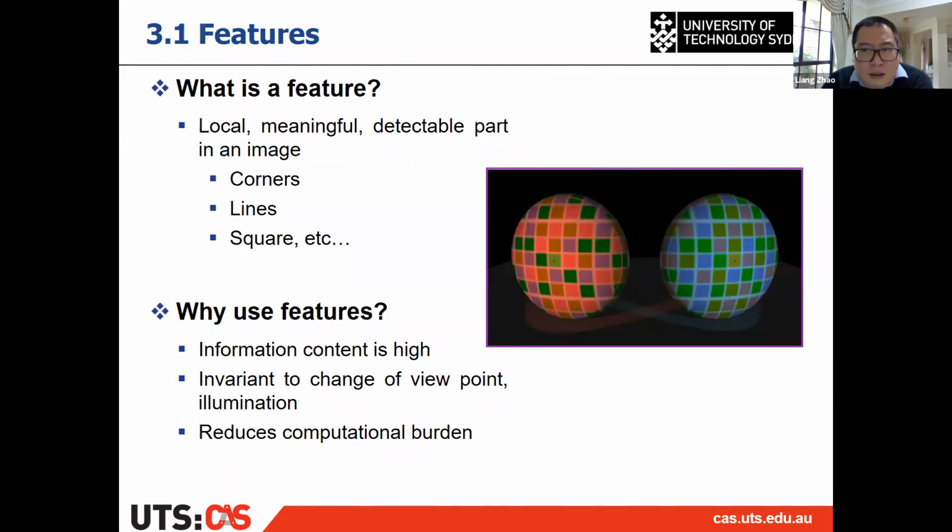For example, if you are doing the camera calibration and imagine you are using every single pixel in the image, then how much computational cost it will take to calculate these intrinsic parameters. And if you just use a checkerboard and use the corners as the features, then there are two good things. One is that it's easy to check, right?